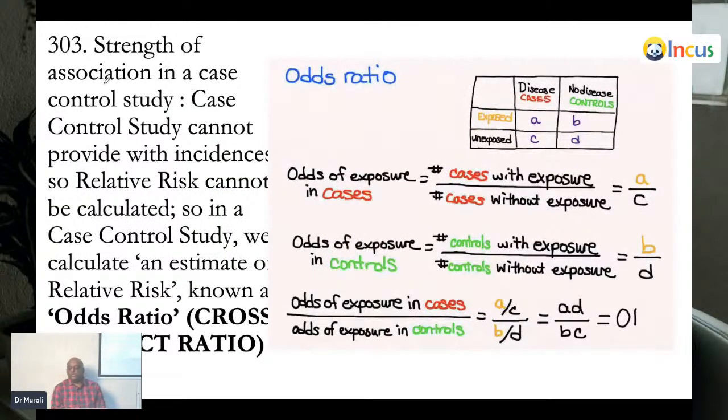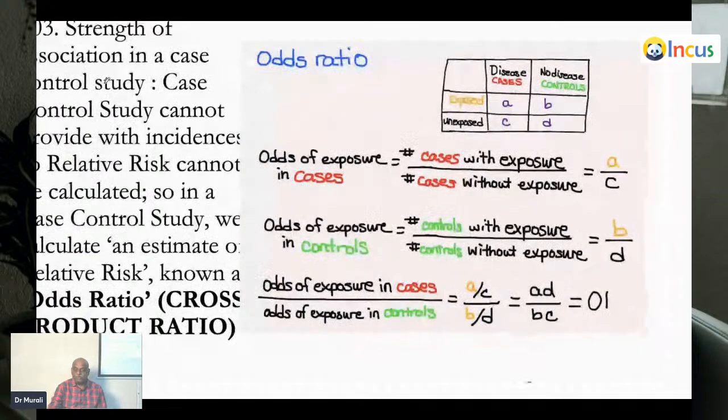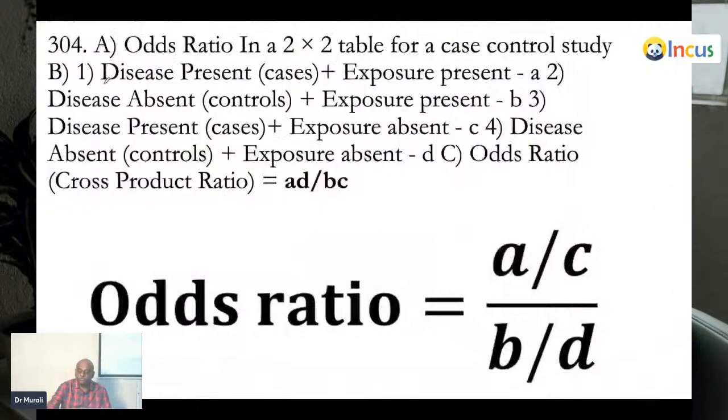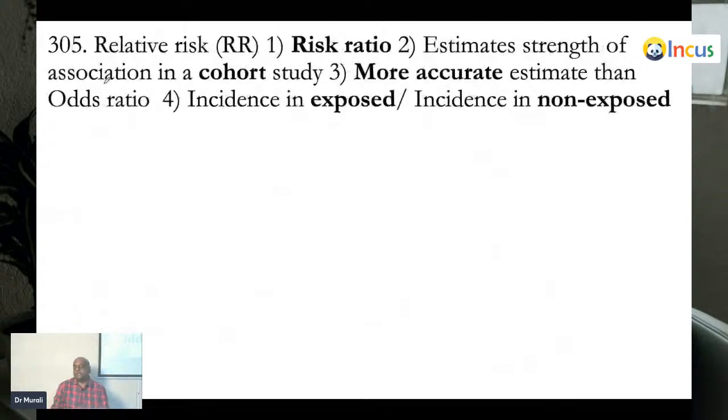Understand, doctor? So what do you use to know the strength of association in a case control study? Odds ratio, which is AD by BC, is what you have to be 100% sure about. Okay? Disease and exposure both present is A. Disease absent, exposure present is B. Disease present, exposure absent is C. Disease absent, exposure absent is D. AD by BC will give you the odds ratio. Relative risk is also called risk ratio. That is incidence among exposed by incidence among non-exposed.